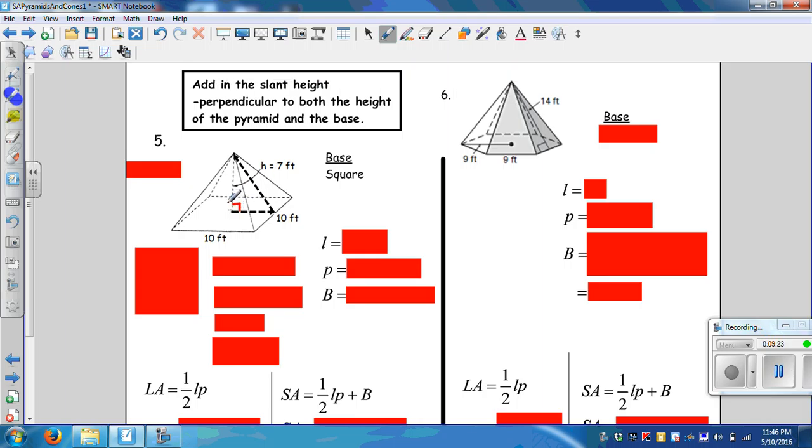Now the big question is, if this side is 7, what is the other leg of this triangle? The height comes down right into the center of this particular square. So if we look at the 10 here, and we also have a distance of 10 along the width and the length, then this point runs halfway. So this length is going to be a length of 5.